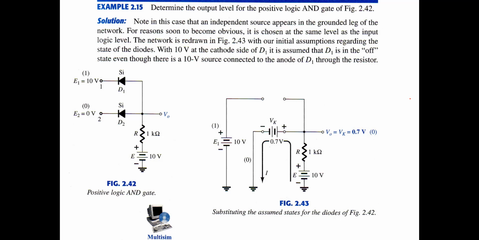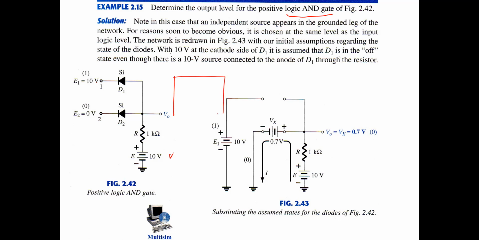Okay, so this is for the AND gate. You can check by yourself how to use the diode as an AND gate. It is similar to the OR, but we use the E here in another arrangement, and this is terminal 1 and this is terminal 2.